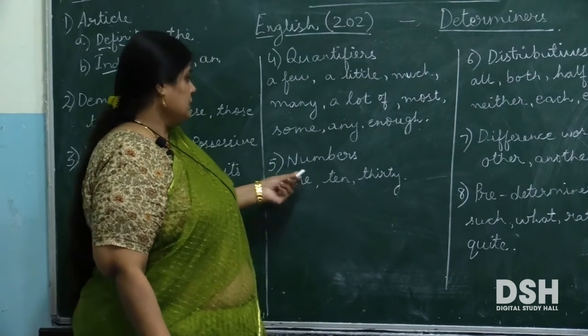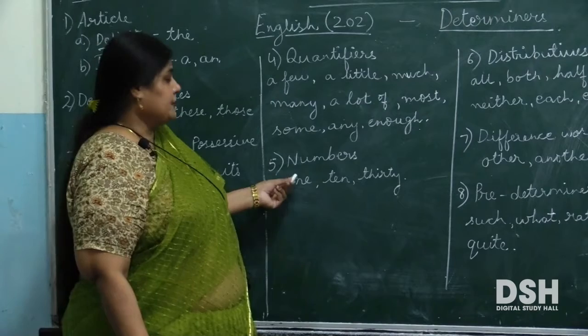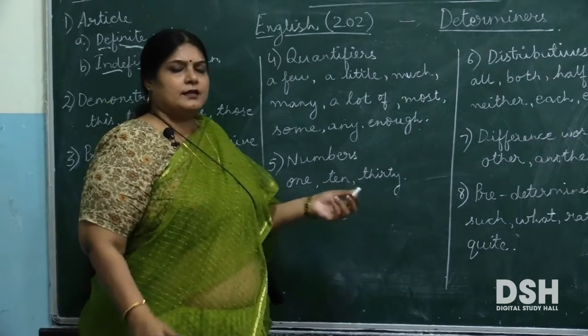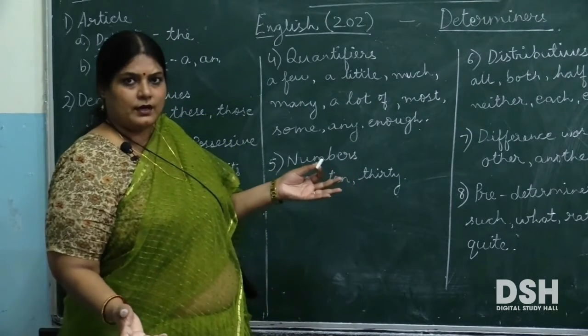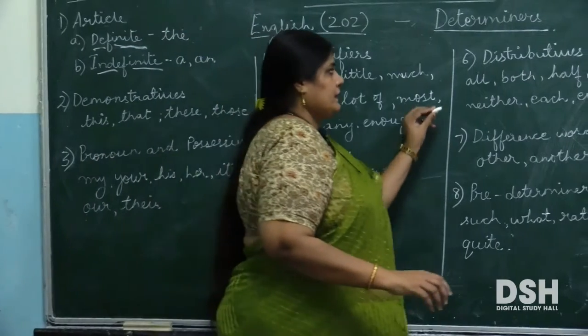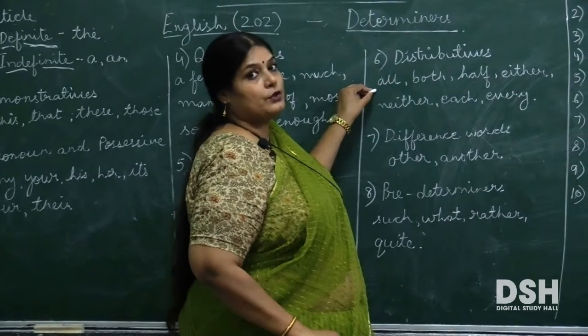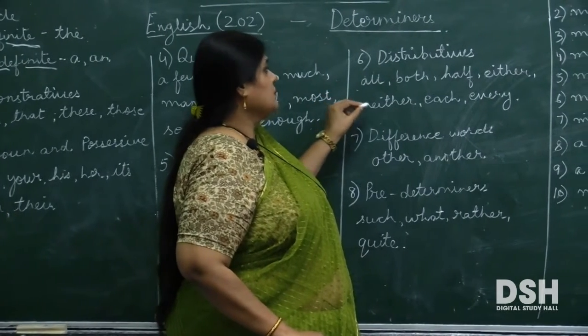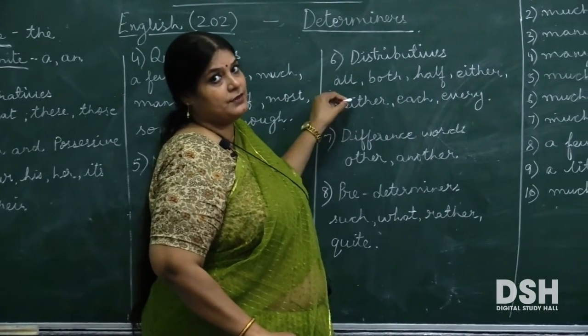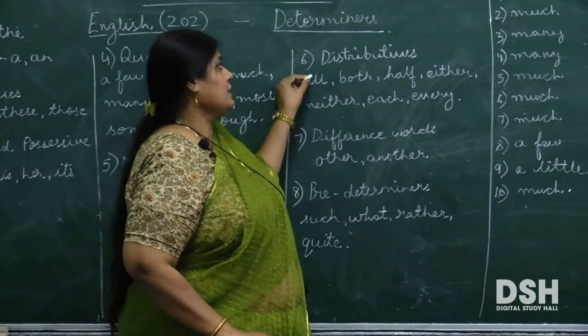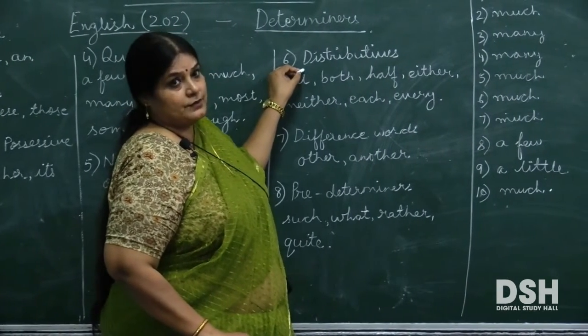Now let's move further. If they are numbers, 1, 10, 30, or there can be any number. Then come distributives: all, both, half, either, neither, each, every. These words we use as determiners when we describe distributives.